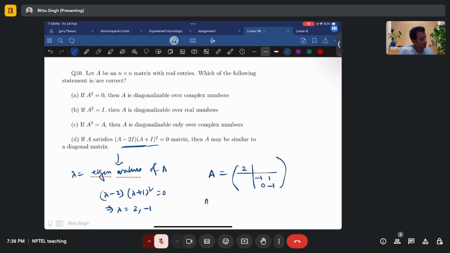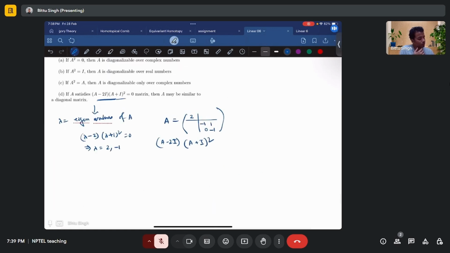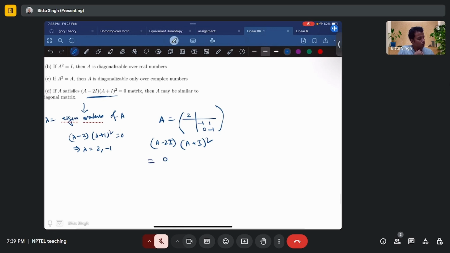So why is this true? Because (A minus 2I)(A plus I)², let us check if it is 0 or not. This will become 0 in the first block, and the same thing for the block minus 1, 1, 0, minus 1. A minus 2I gives minus 3 on the diagonal.